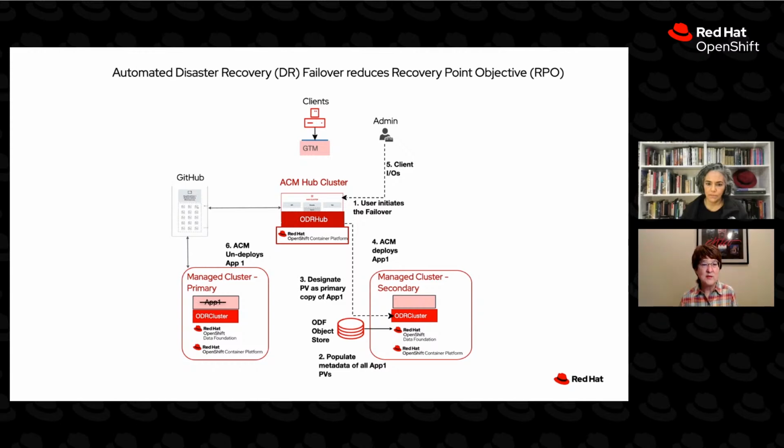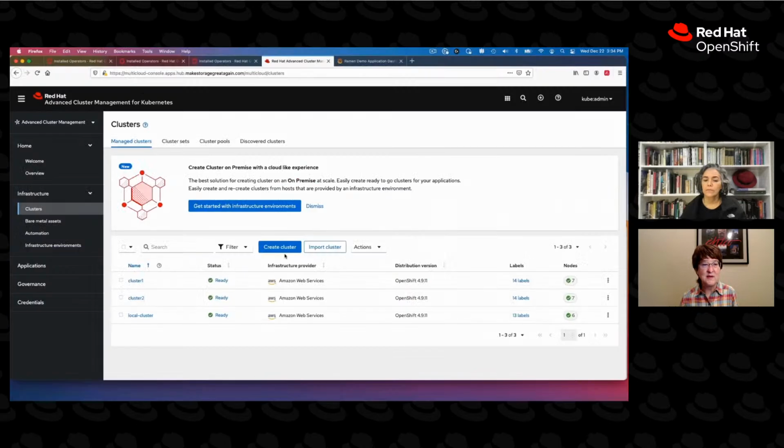We'll demote the storage. As soon as we demote the storage, the app is out. We promote it, and then we reinstall the application on the secondary cluster. ACM does that. The IOs are redirected, and the application on the other cluster is deleted.